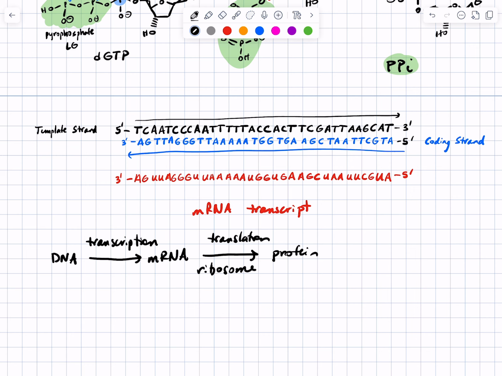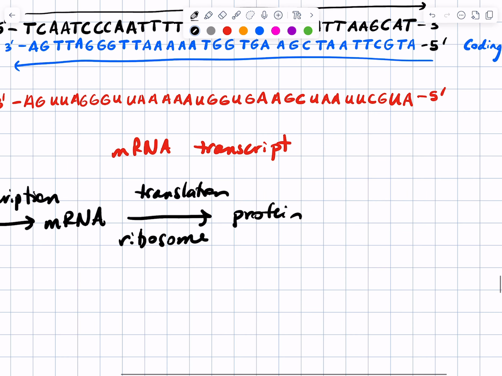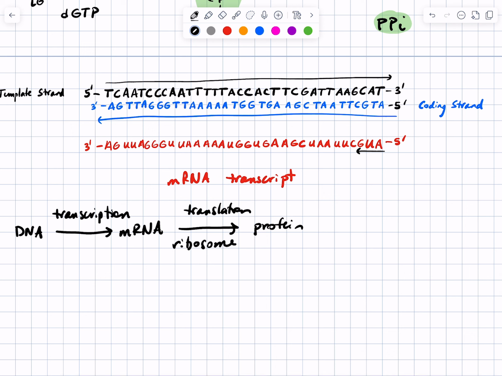So once you've got the RNA transcript, you want to look for a start codon, in this case, in red, 5' to 3' AUG. Now we can do this right to left, but you may want to just write it down again left to right, because at least in English we're used to reading left to right.